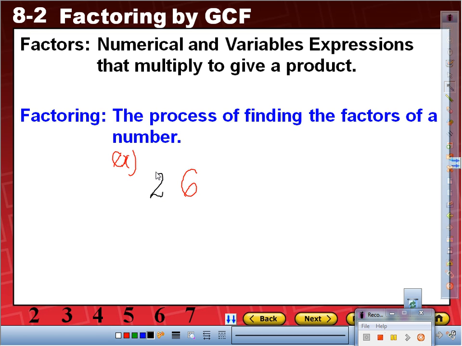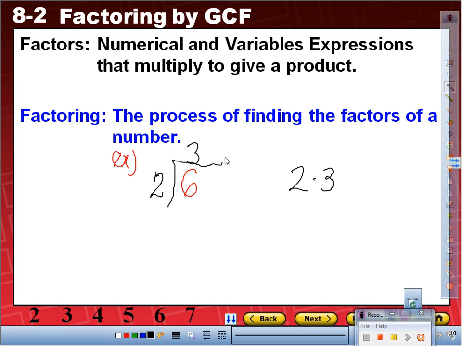Is that correct? 2 is a factor because if it's multiplied times another number, it's going to give us 6. However, if I start with 2 and I use 6, what do I need to do to 6 with that 2 to get the other factor? I divide. So 2 fits in there how many times? 3. So in order to get the other factor, 2 times 3 gives us 6.